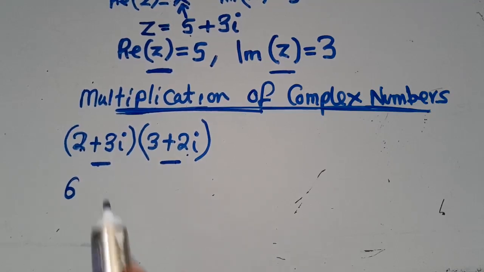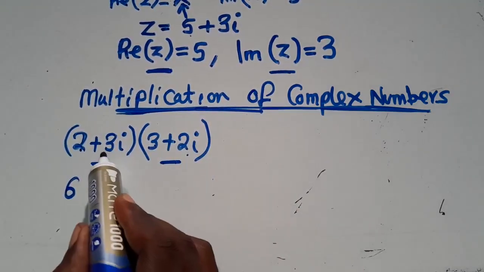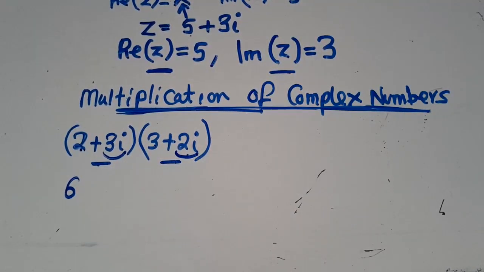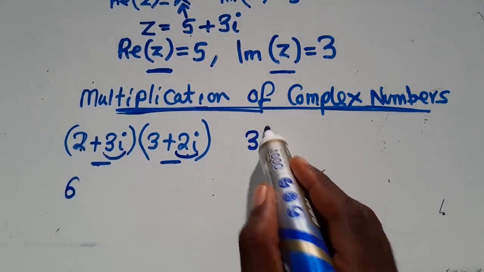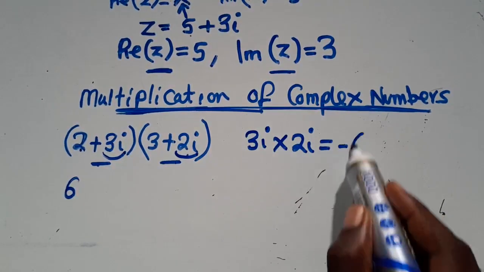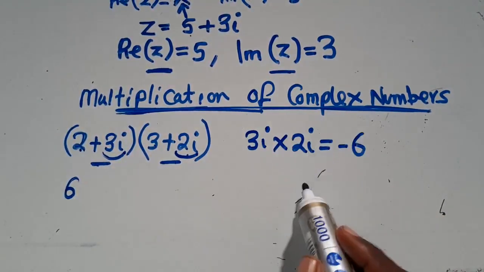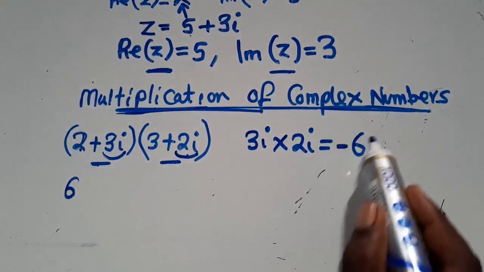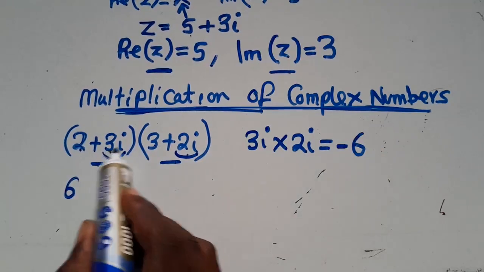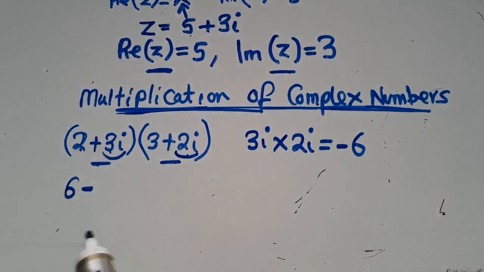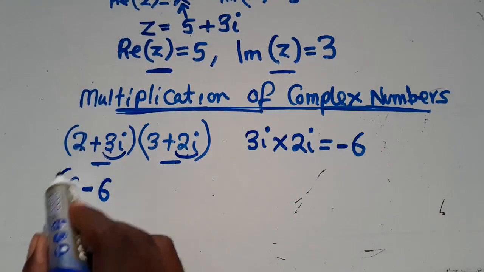But if you multiply 3i and 2i, you get a real part. 3i times 2i, what is your answer? Negative 6, because i squared, which is i times i, is negative 1, and 3 times 2 is 6. So you put minus 6, like this.